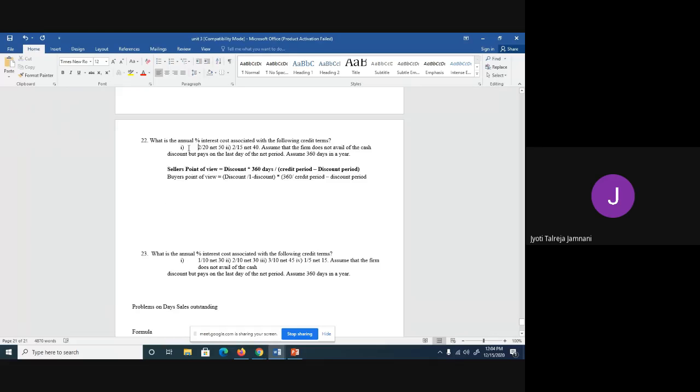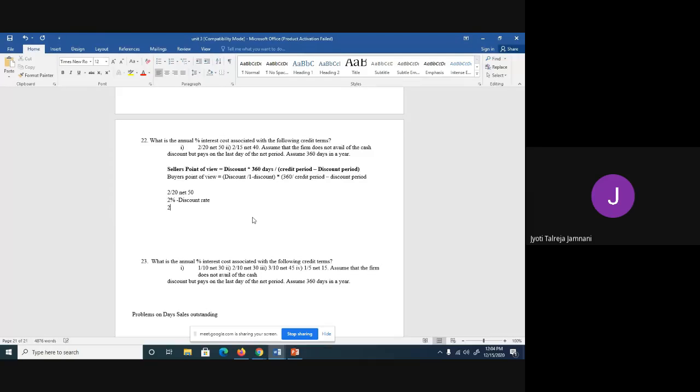First question is 2 by 10 net 50. Here 2 is what? It is 2%, which is nothing but the discount rate. 20 is the period if you want discount, so we can also call it the discount period.